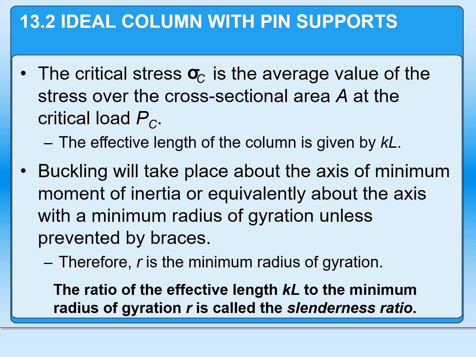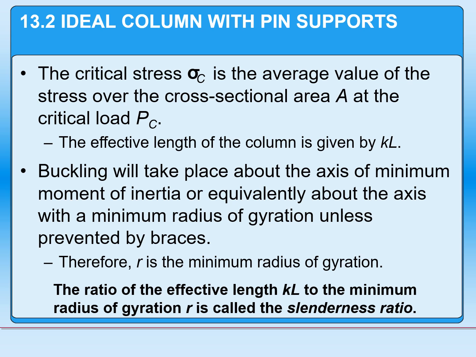In terms of the buckling that we're trying to work against, as I mentioned, it's going to take place about the axis of the minimum moment of inertia. Again, that's the particular alignment where the column is the least stiff. This is going to be equivalent to a minimum radius of gyration, because keep in mind radius of gyration depends upon moment of inertia.